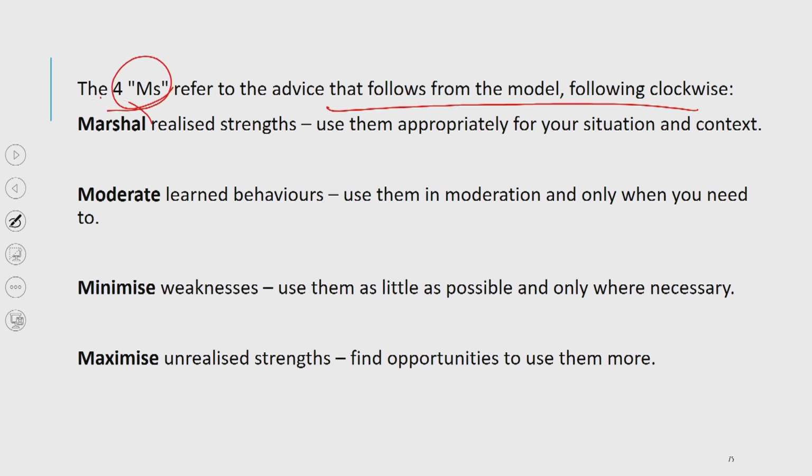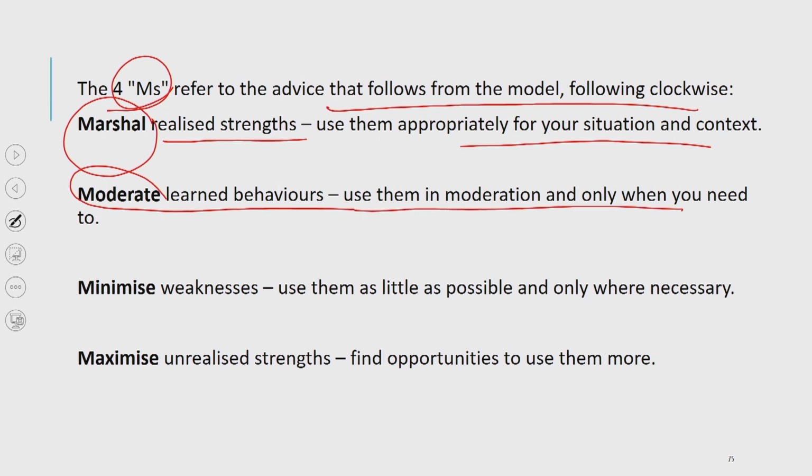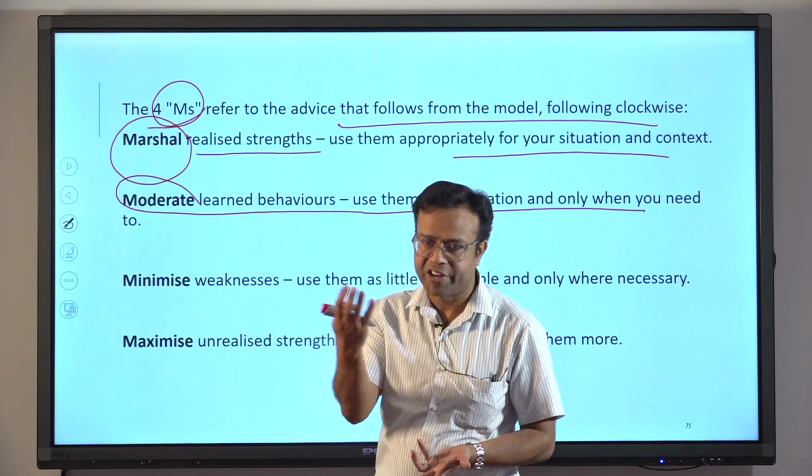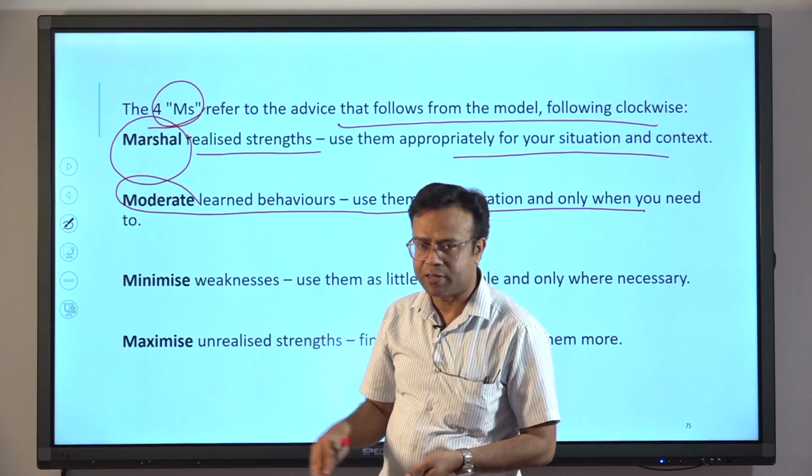The first M is Marshall realized strength, which we have already talked about: use them appropriately for your situation and context. It means realized strengths have to be used as much as possible, appropriately, wherever the situation calls for it. The second M is moderate learned behaviors: use them in moderation and only when needed. Learned behavior should not be overused because they drain your energy. We'll talk about them a little later.